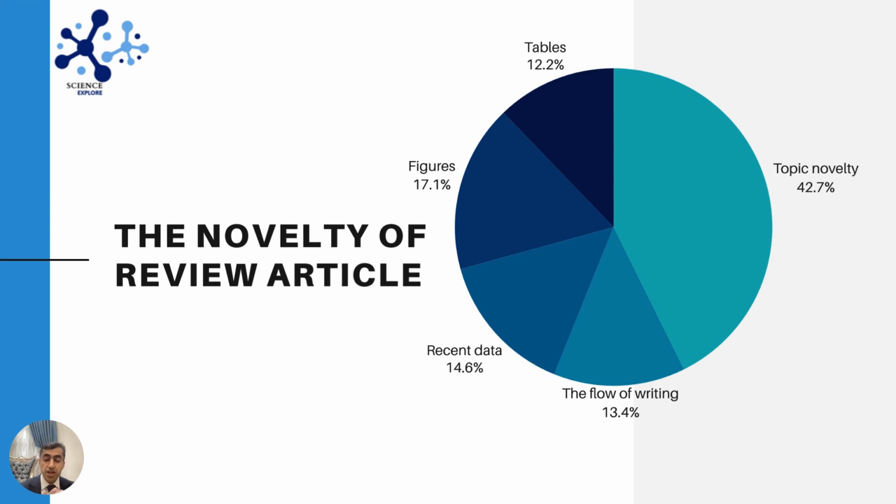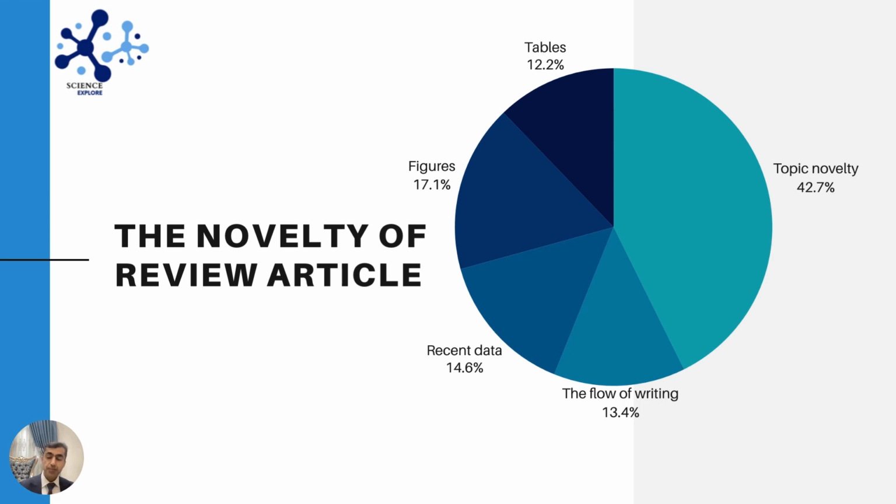Then tables and the flow of writing, the presentation of text and the novel tables together, give at least 25% to your work. So these 5 places can increase the novelty for your work. Or we can say, based on these 5 things, we can decide which type of journal your work is suitable for.